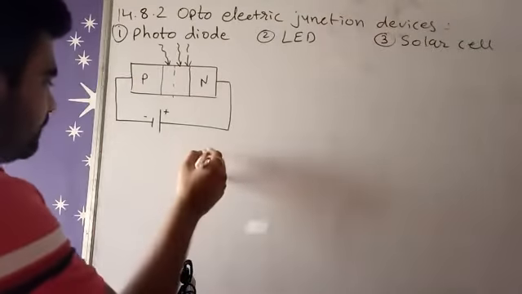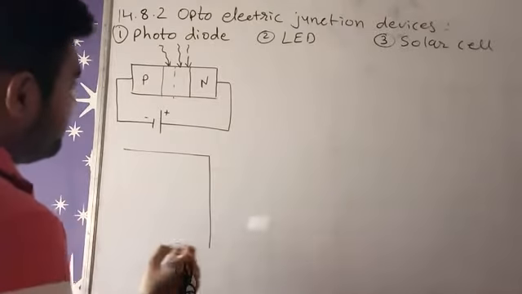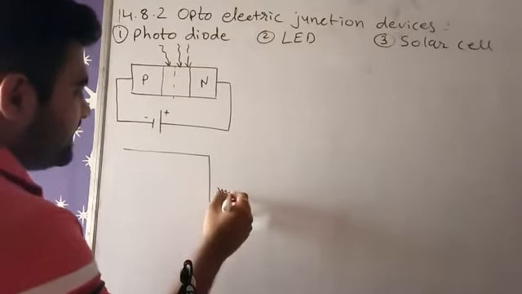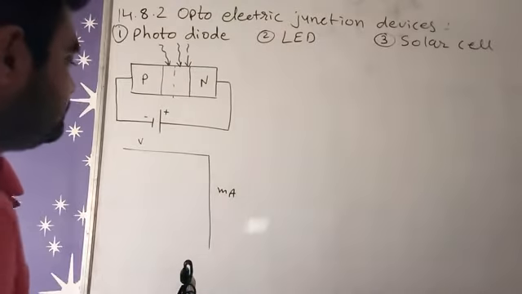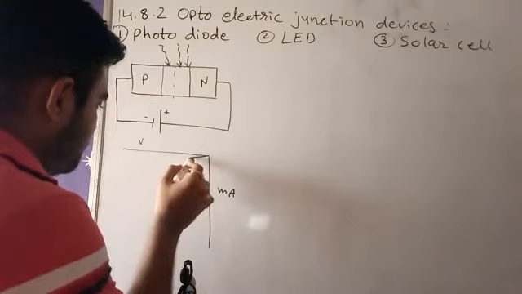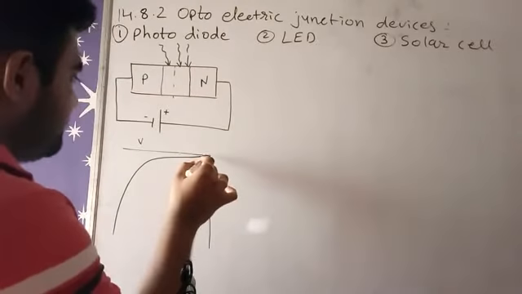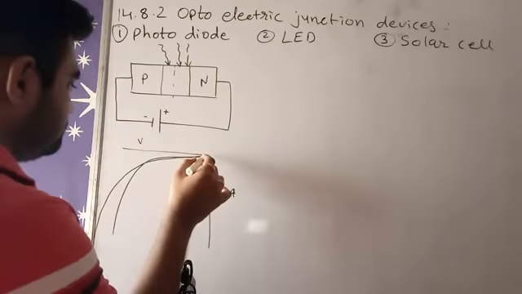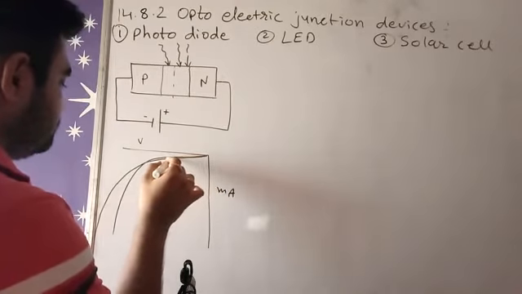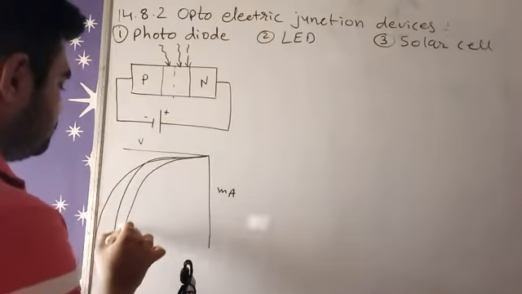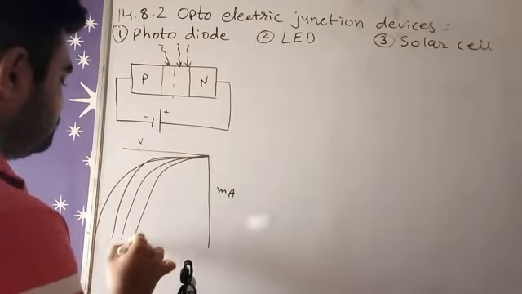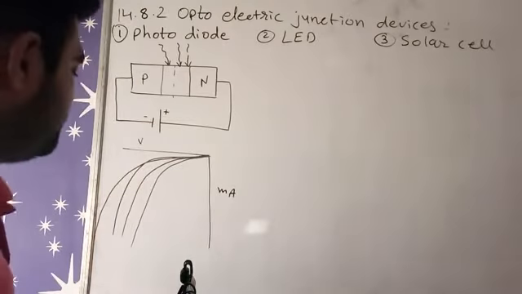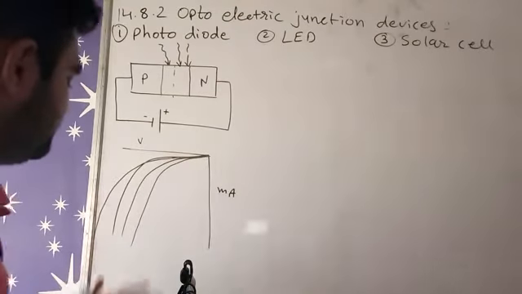So here I am drawing the graph of reverse bias of the photodiode. This axis is current in milliamperes, this is voltage. Now, for different intensities we get different reverse bias curves.